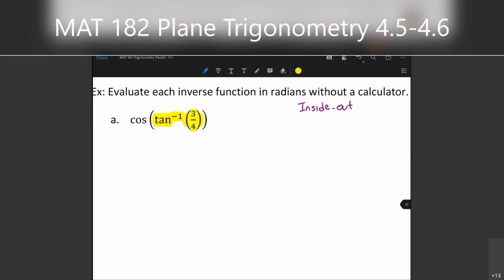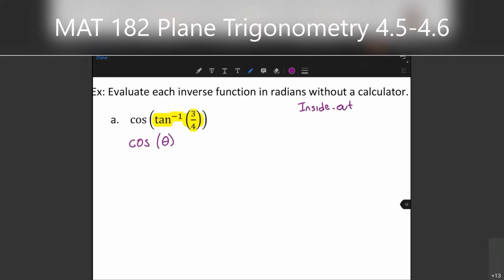So I can actually rewrite this as cosine of theta, and I'll just replace that whole tangent inverse by theta. Because again, tangent inverse of 3 over 4 is some angle. I don't know that angle, but I know it is going to be an angle measure.